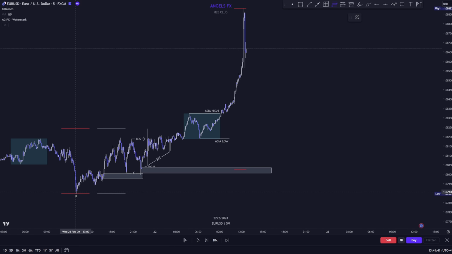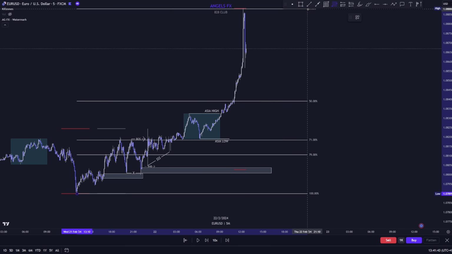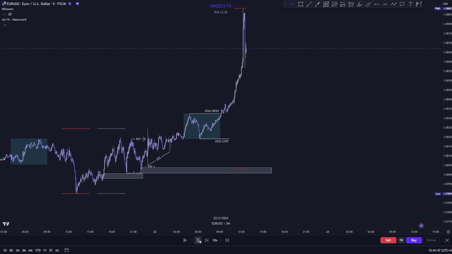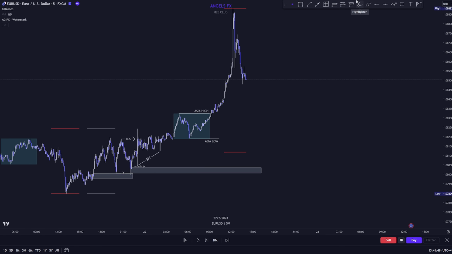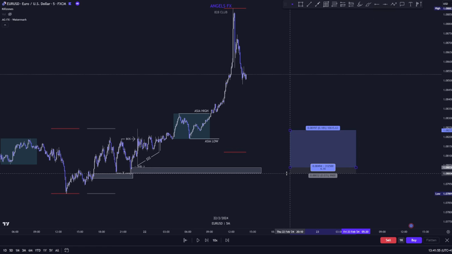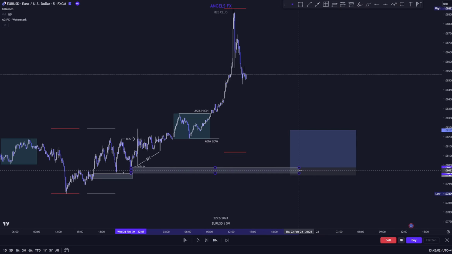You can also use your Fibonacci from the low to high, and you can see where is premium and where is discount, okay. So let's wait. You can set your limits here, maybe risk 0.1% or 1%, it depends on your risk, okay. Stop loss would be under this low, maybe 4 pips, okay, it doesn't matter.